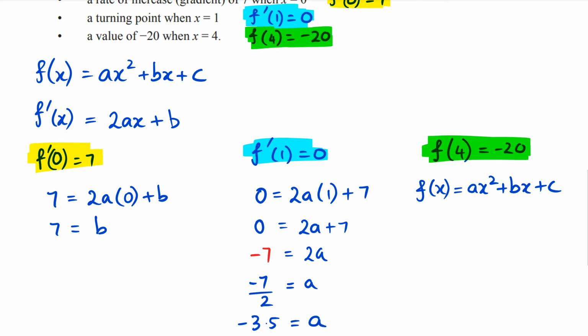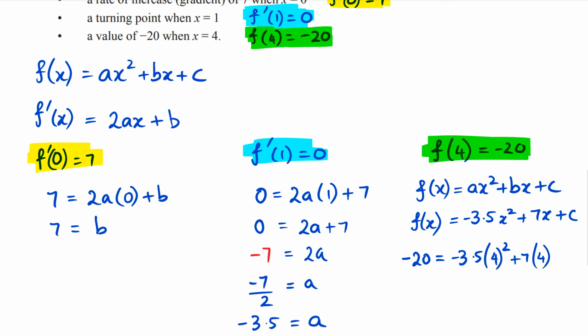We figured out a is negative 3.5, b is 7, and c is what we're trying to figure out now. Using the point f of 4 equals negative 20, we can substitute it in. So negative 20 is equal to negative 3.5 times 4 squared plus 7 times 4 plus c.